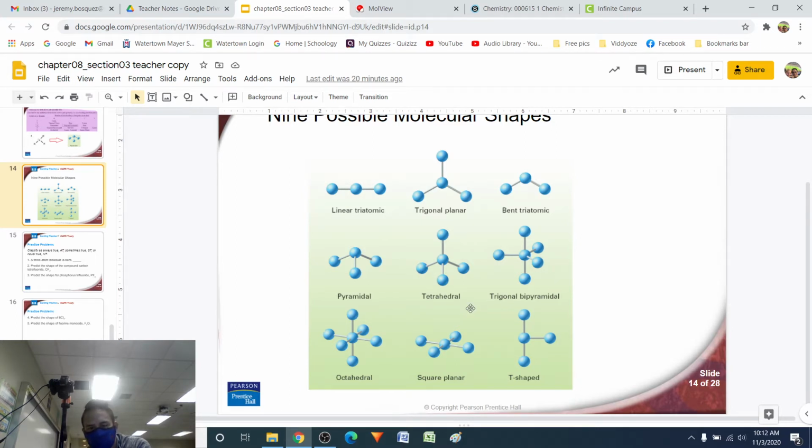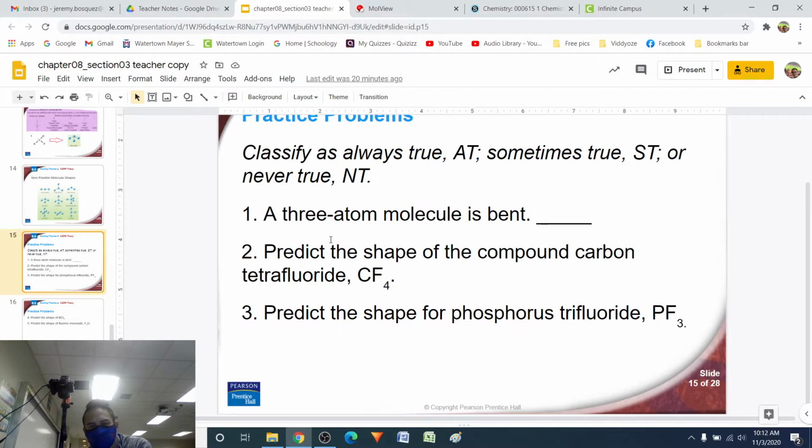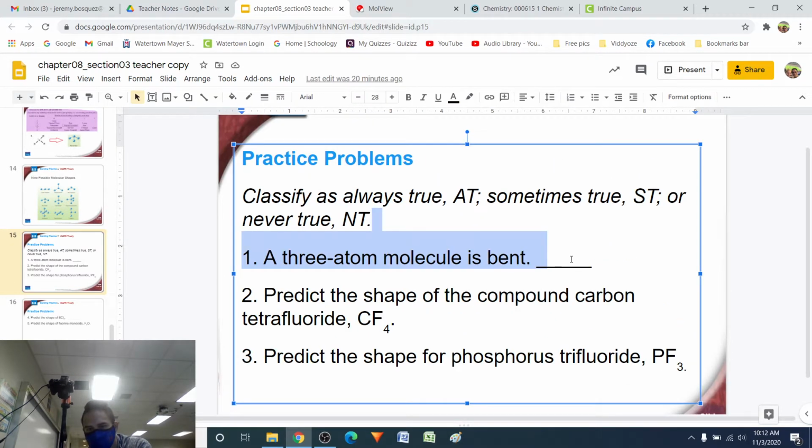So is it always true that a 3-atom molecule is bent? No, because we have 3 atoms here that's bent, but we also can have 3 atoms and have it be linear. So this is sometimes true, but not always true, because it is possible that we have a linear molecule and not a bent molecule. So we're going to say sometimes true, but not always.